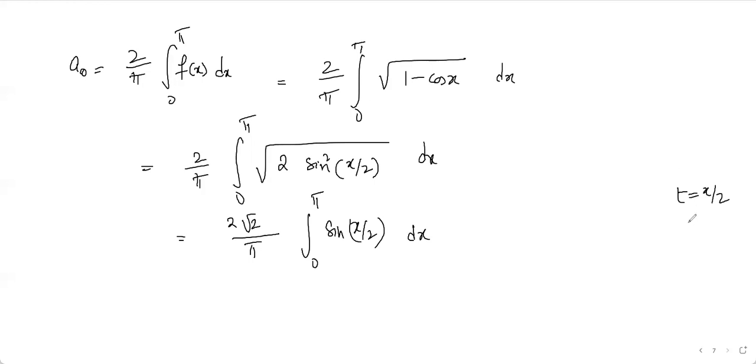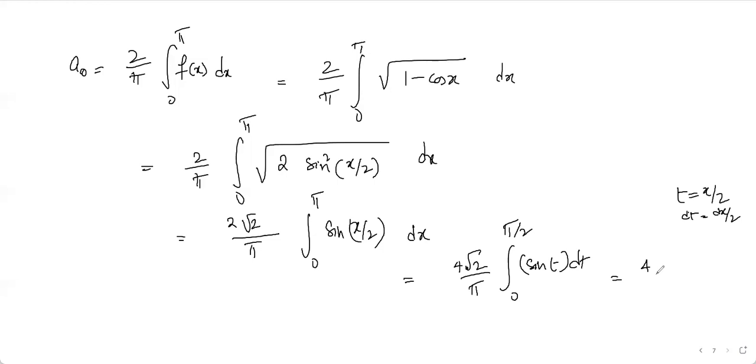So this will be 4 root 2 by pi integral 0 to pi by 2, because we have considered t as x by 2, sine t dt.